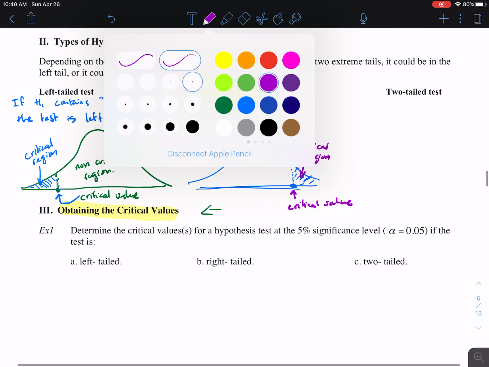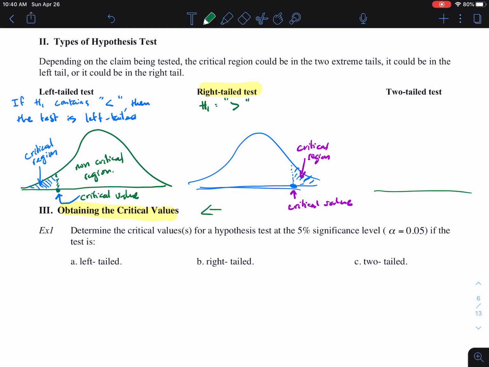What about a two-tailed test? Well, with a two-tailed test we have two possibilities: the critical value can be on the right side of the graph or the left side of the graph, and both of these are critical regions. If the alternative statement contains the not equal sign, then the critical values separate the significant sample test statistics to be over here and over there.